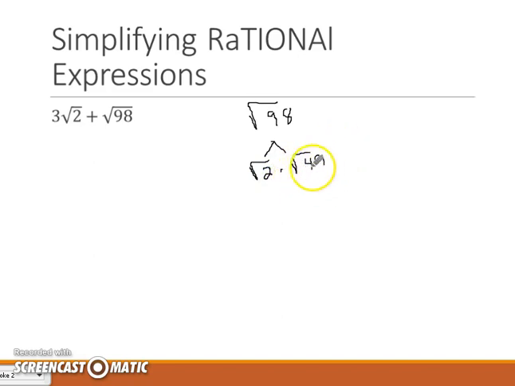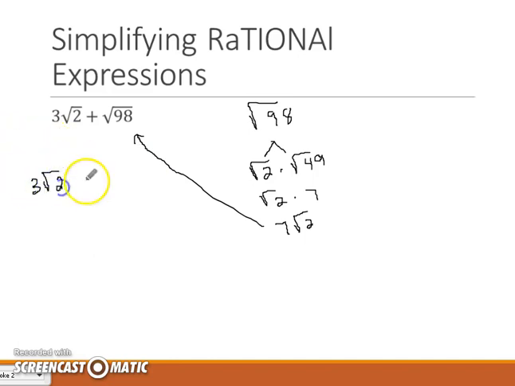Well, 49 is a perfect square, so this is actually the same as the square root of 2 times 7, or 7 square root of 2. So we can replace that square root of 98 with that. So 3 times the square root of 2 plus 7 times the square root of 2. Now I can add the numbers in front, 3 plus 7, to get 10 square root of 2 for our answer.